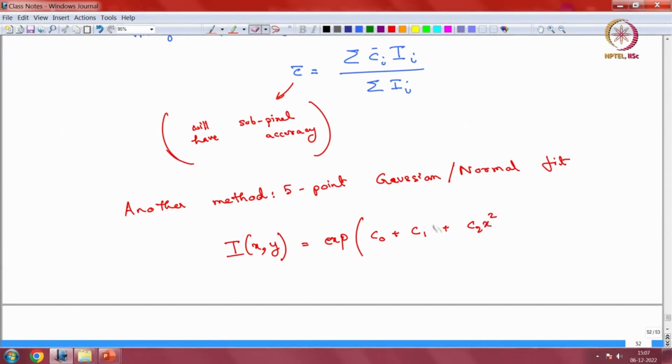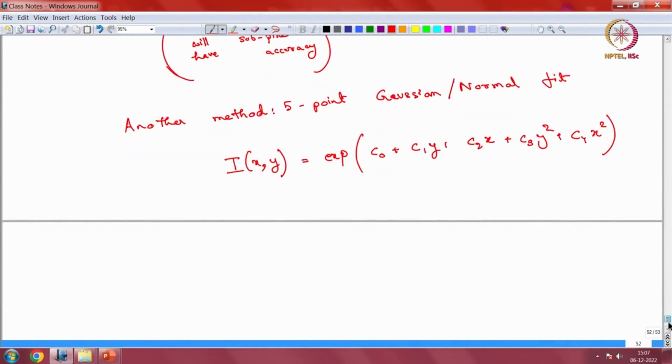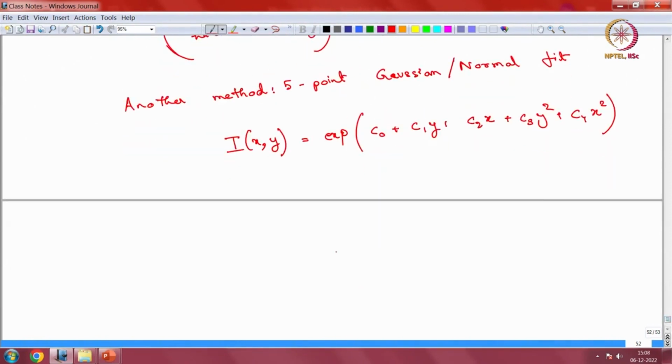Wait a second, let me correct this. The first terms I will just put as this, let us say this is y, this is x, then C3y square plus C4x square. And I hope you can see why it is being called a 5-point. And let us say x star, y star is the center of the particle, which is unknown.